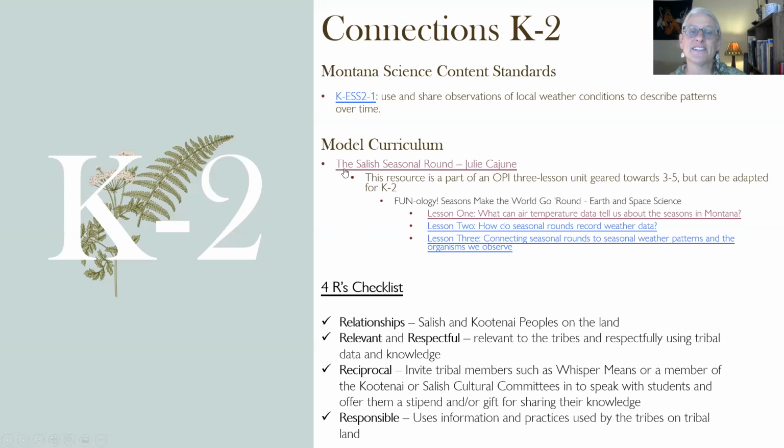This first link, the Salish Seasonal Round, which was compiled by Julie Cajune, is a resource within a unit called Phenology, Seasons Make the World Go Round, Earth and Space Science. It is a 3-lesson unit geared towards 3rd through 5th grade, but by taking pieces of the resources, such as Buttercups, Huckleberries, and I'm so sorry, I'm not remembering the name of the book right now.